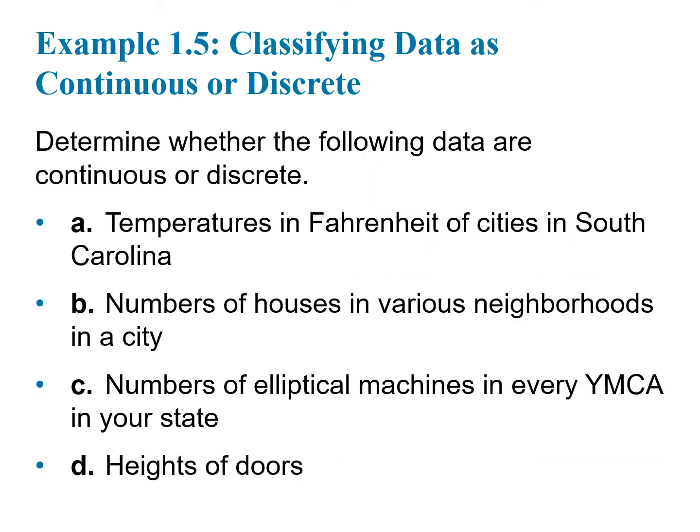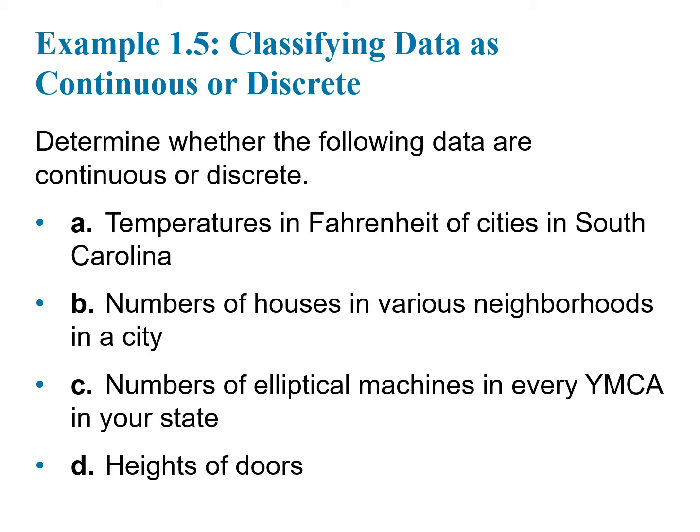So let's look at some variables and see whether or not they are continuous or discrete. So the temperature in Fahrenheit of cities in South Carolina. So the easy way to ask ourselves whether something's continuous or discrete is to remember to ask yourself, am I measuring something or am I counting something? So identify your variable.